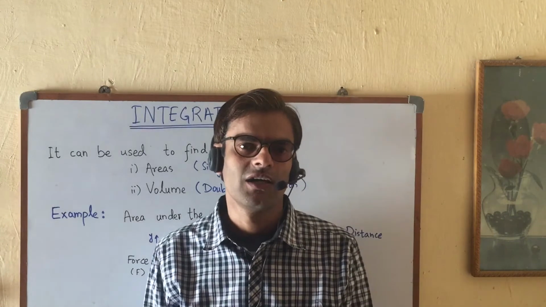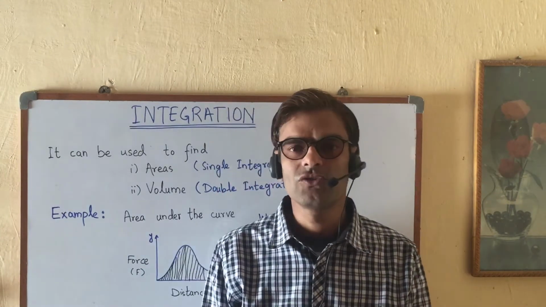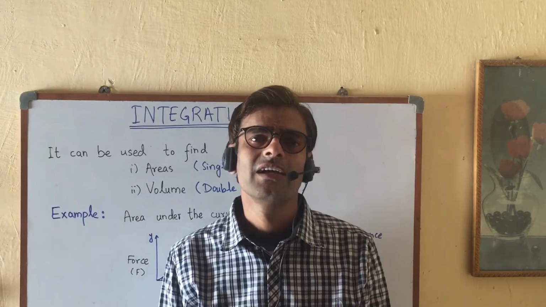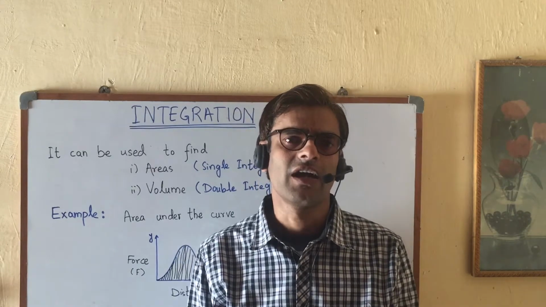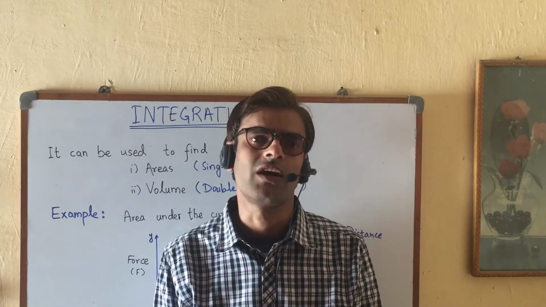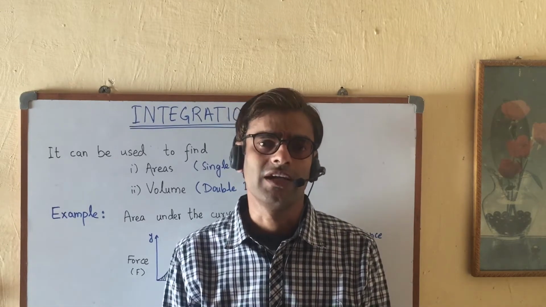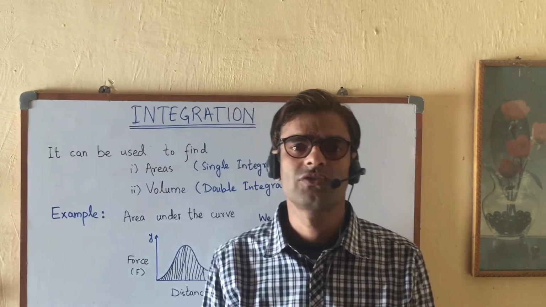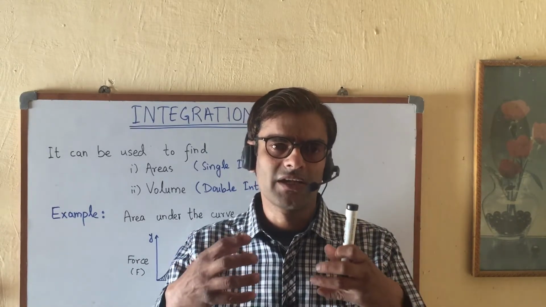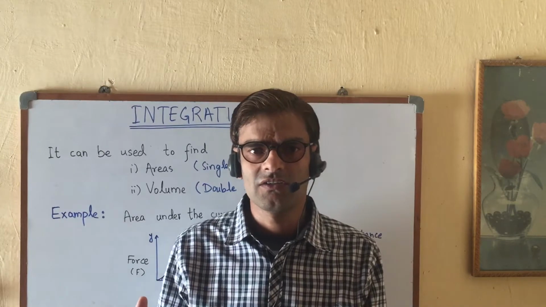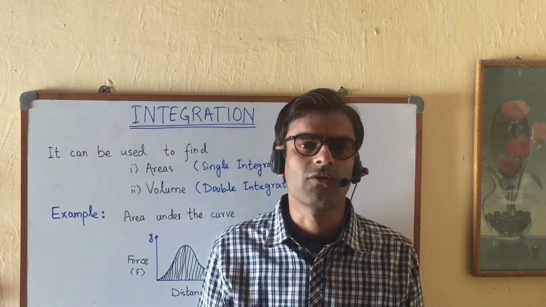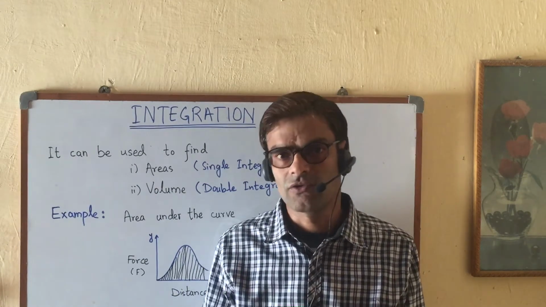But I want to tell you that before Isaac Newton and Leibniz, Archimedes was trying to calculate the area of a circle, and he wanted to make different polygons inside the circle, different sections of the circle, and then calculate the area of the circle, and also calculate the value of pi.